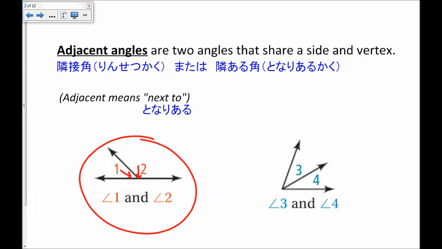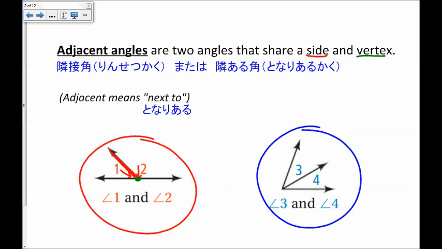They are sharing a side and they're sharing a vertex. In this picture, angles 3 and 4 are next to each other. They share a side and a vertex. So they are adjacent angles.